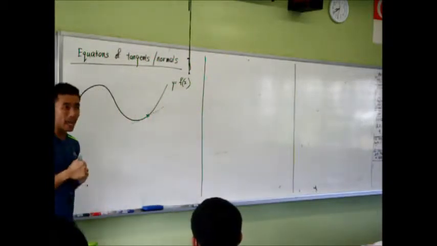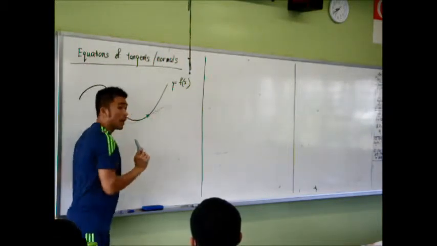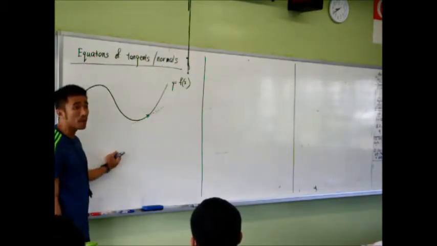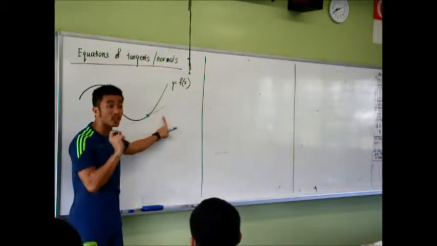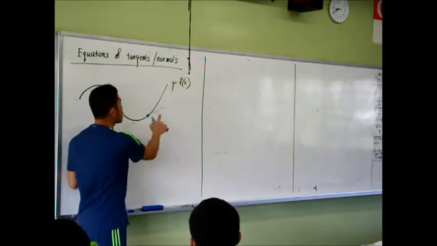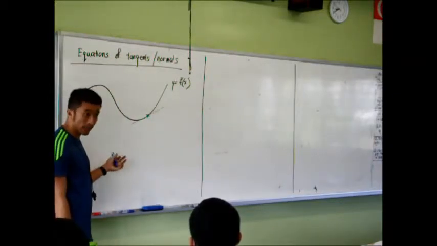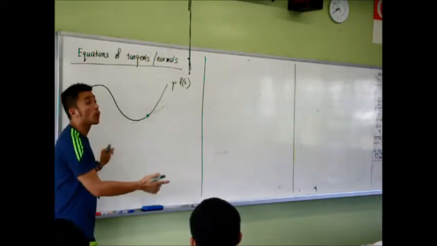But if I want to find the equation of this particular tangent, you cannot draw the tangent anymore, because by drawing the tangent, that is only an estimation. That is the E-math method. So if I want to find the equation of this tangent, what must I do now? dy/dx to find the gradient.